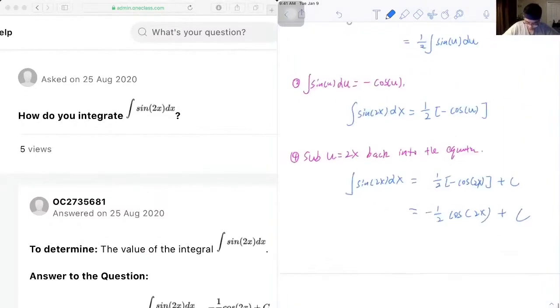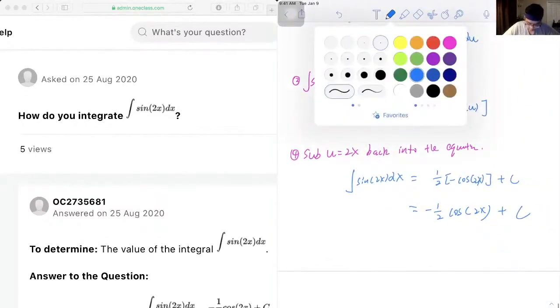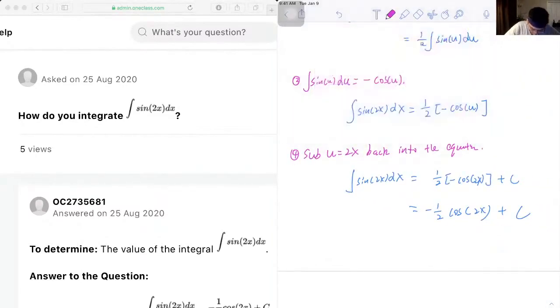that's the end of this question, and we can write our conclusion. Therefore, the integral of sine 2x dx is equal to negative 1 over 2 cosine 2x plus c.